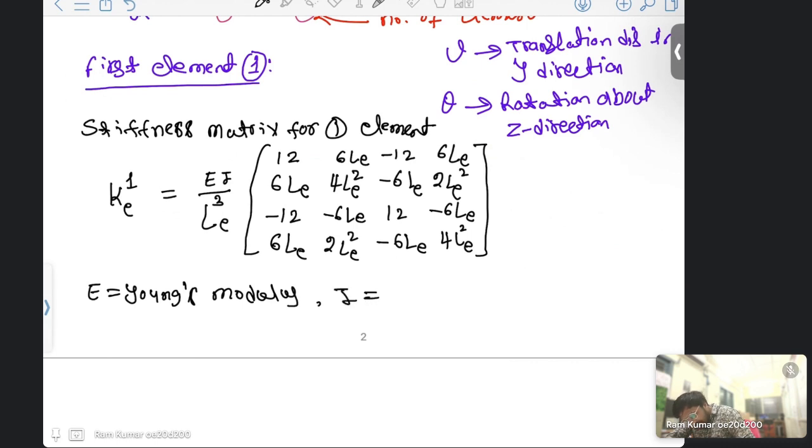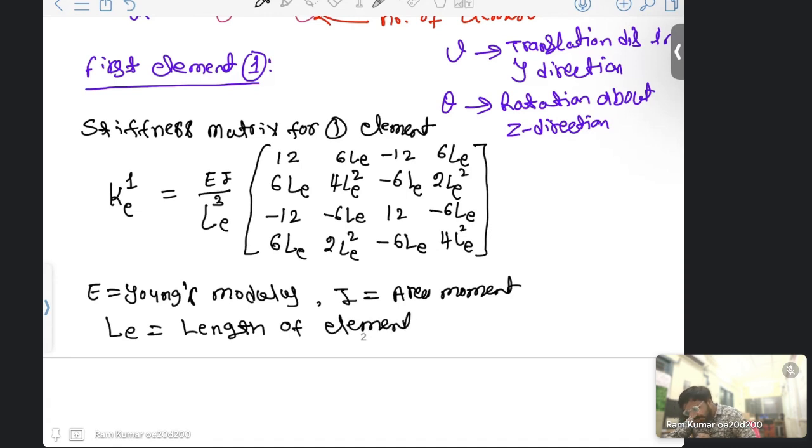I is the area moment of inertia. Then L is the length of the element. I think you understood what this stiffness matrix actually means. So this one you have to remember.